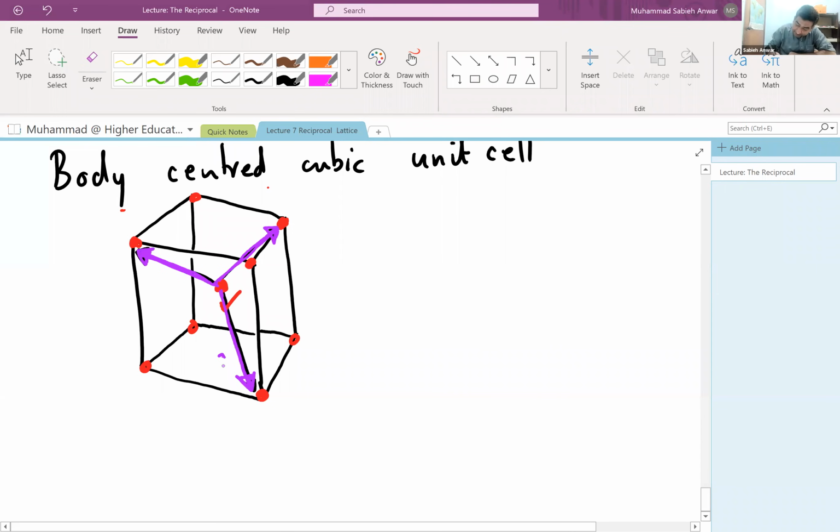I can identify these vectors as A, B, and C. Now with these A, B, and C, I can draw primitive unit cells for this otherwise body-centered cubic lattice. The primitive unit cells, no doubt, will have a lower symmetry than the cubic unit cell, but still these will be unit cells nevertheless.